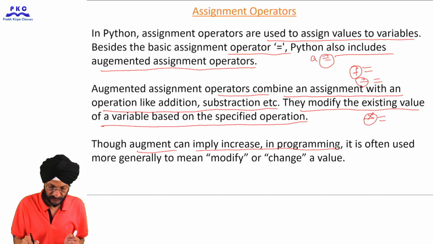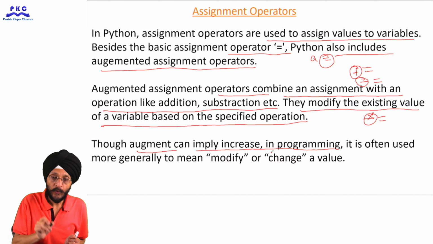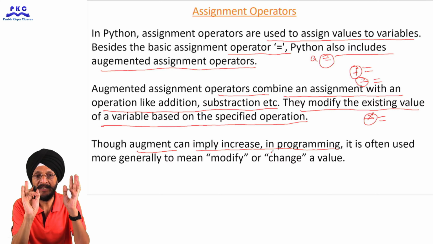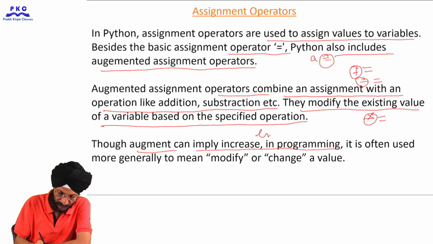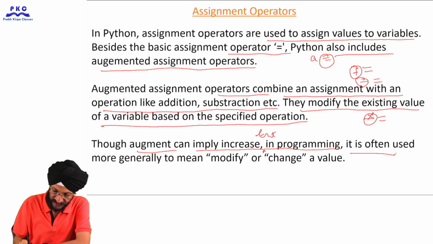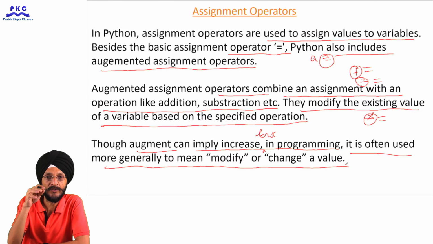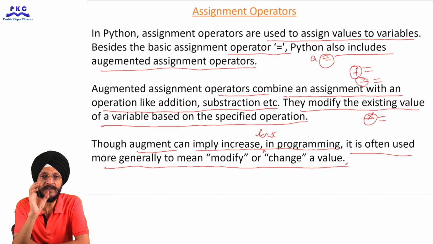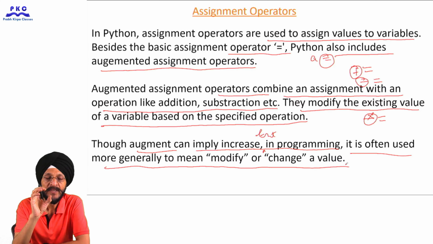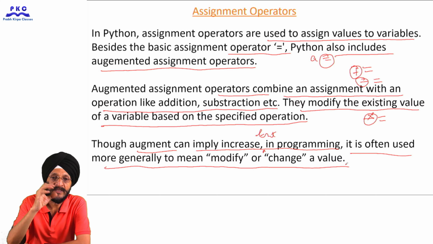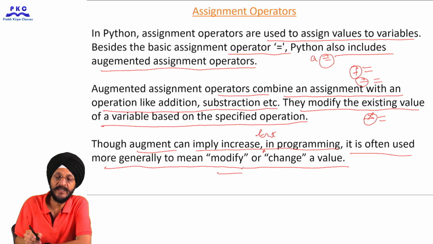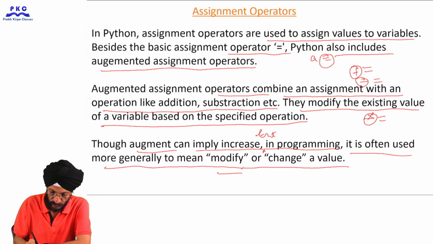In normal English, when we use the dictionary and find the word augment, it means to increase something. But when we use the same term augment in programming, it is often used more generally to mean mostly to modify something or to change a value.